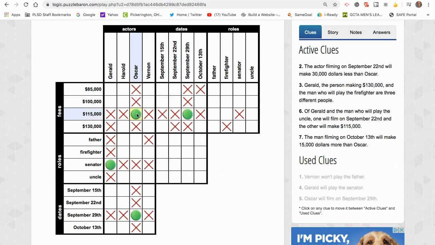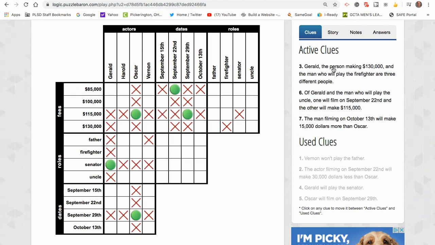We know Oscar, so this is where this comes into play. We know Oscar is $115,000. And the person on September 22nd is going to make $30,000 less. So that means that they are there, because that's $30,000 less than Oscar. So that gives us that, and that means we can move that down to our used clues. It's not going to give us any more information.